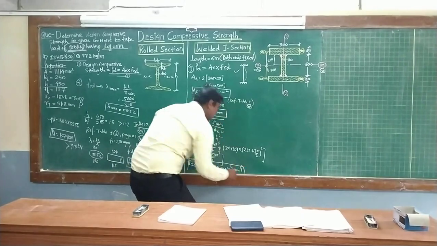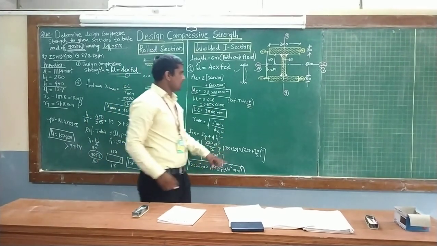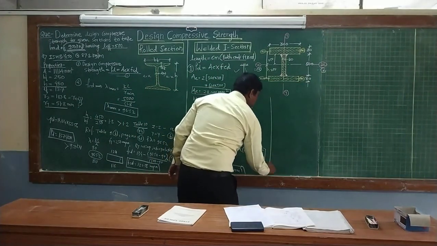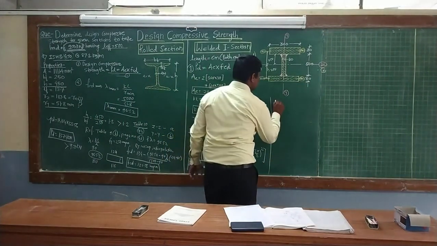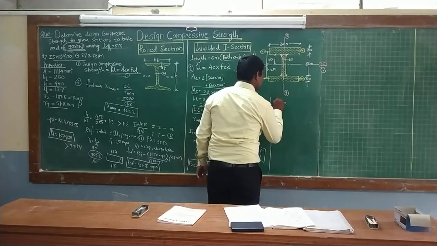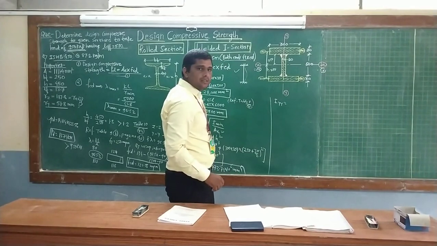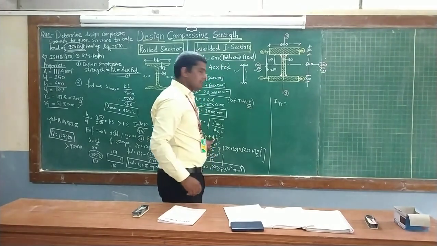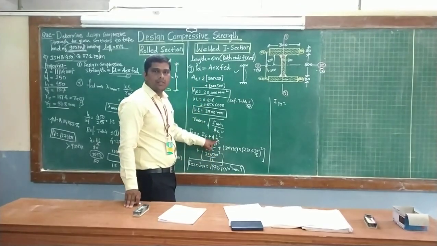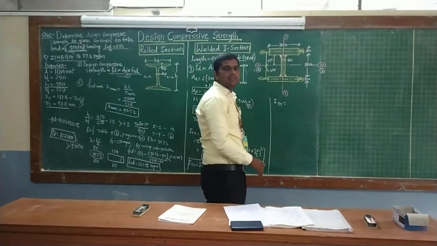So after finding out this moment of inertia about z axis, next is to determine the value of moment of inertia about y axis, which is equal to again Ig plus area into centroidal axis distance, which will be 0, because this is a built up section.